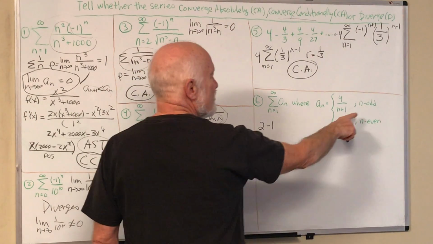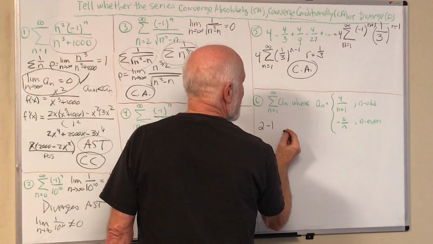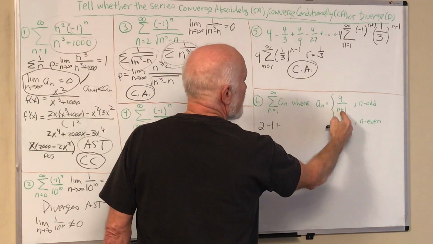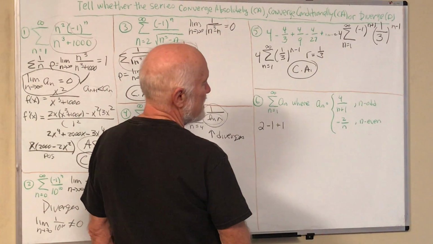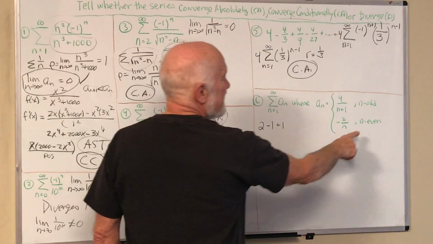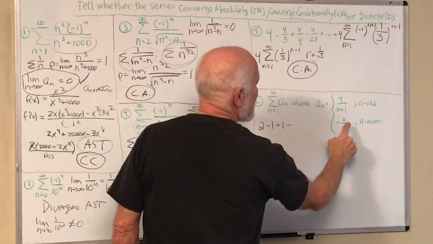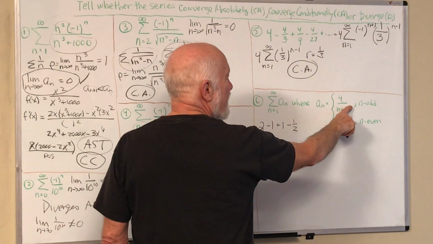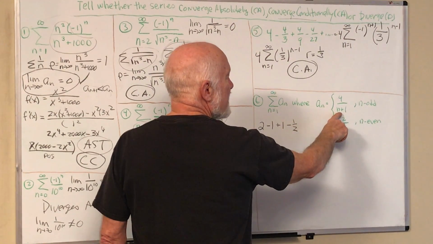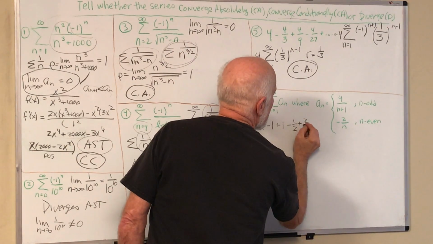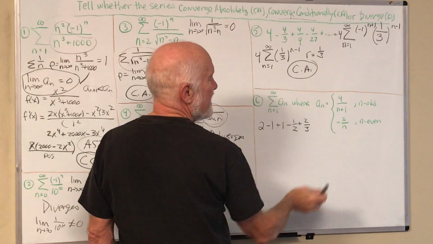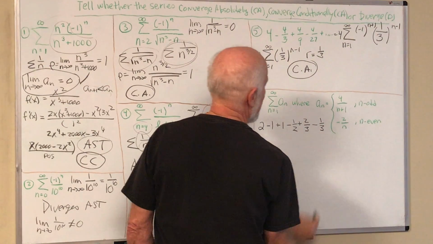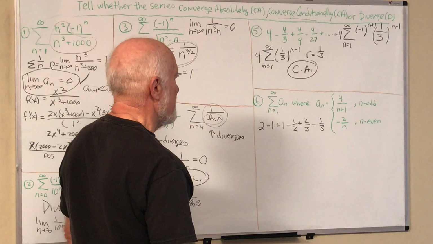And then n is 3, so it becomes this one, plus 4 over 4, and then minus 2/4, and then n is 5, so you get plus 2/3, and then n is 6, so you get minus 1/3, and it keeps going.